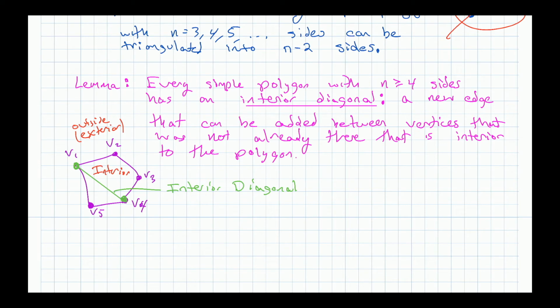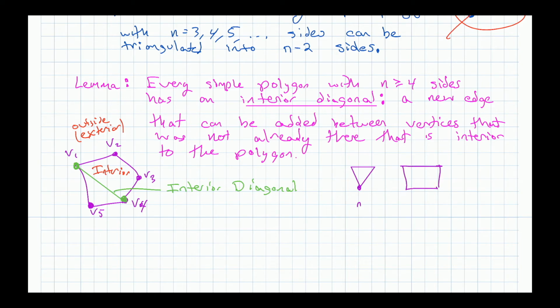And the claim of this lemma is that as long as there's 4 sides, you can do that, which should make sense, right? If you take a 3-sided polygon, then there is no interior diagonal, because if you're going to start from here, where do you add the edge? Well, you've already got edges to the other 2 corners, so you can't add a new edge to a triangle.